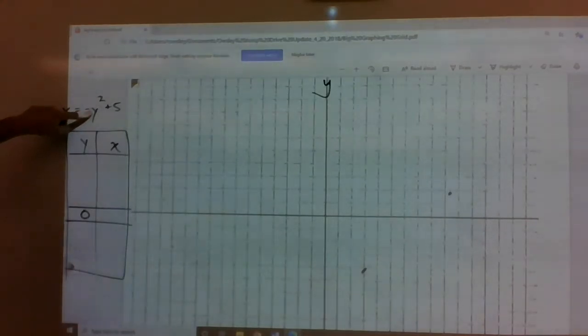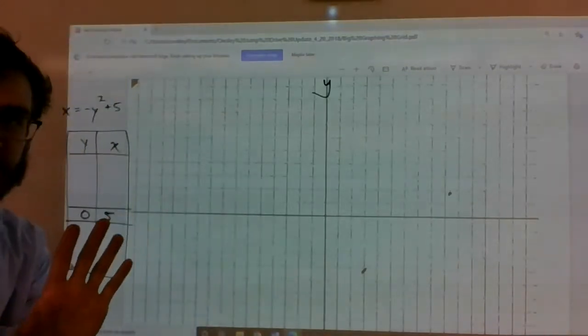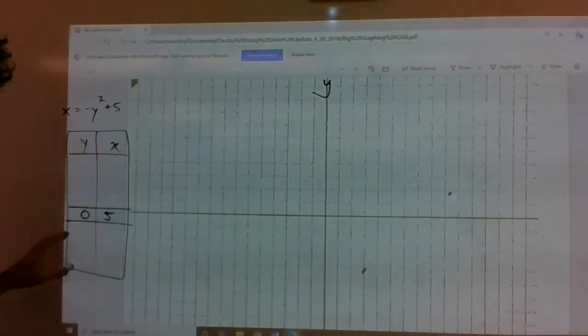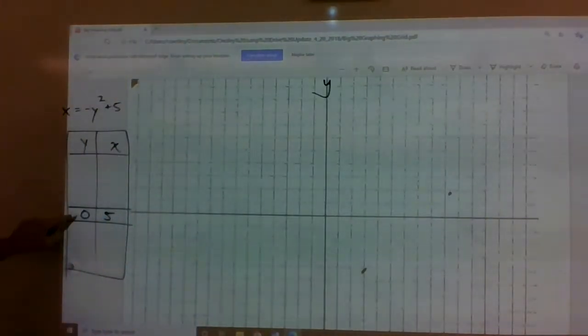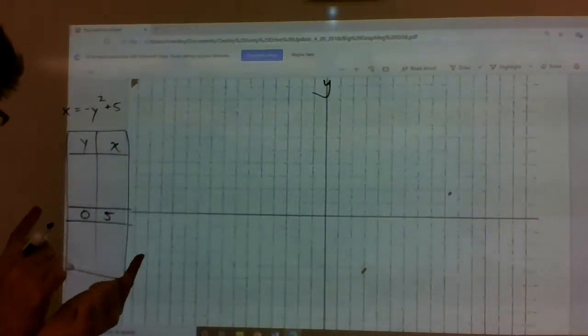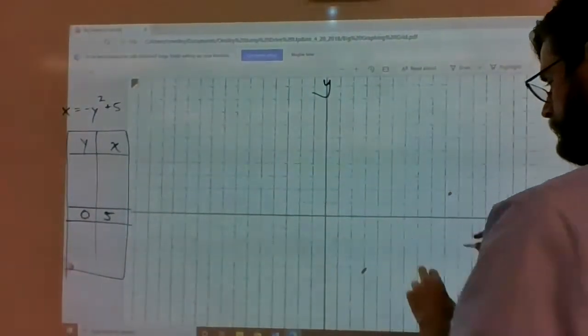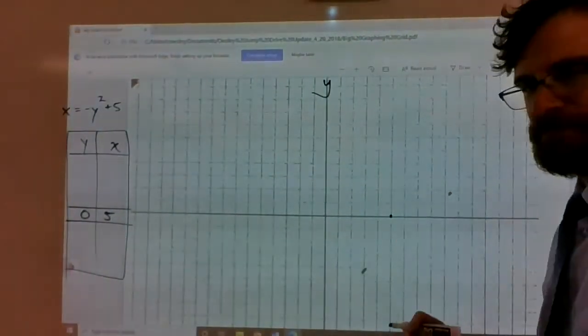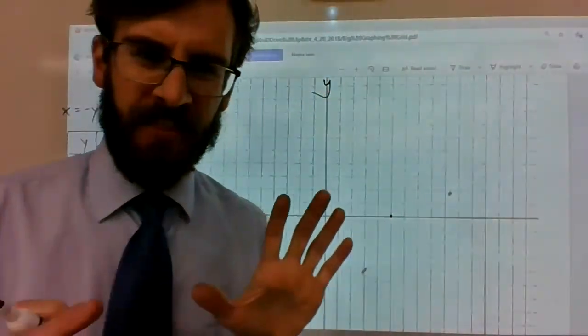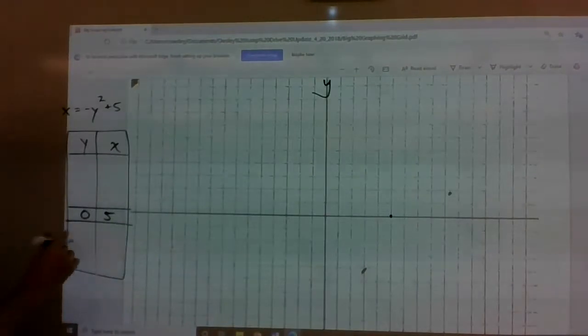Negative 0, still 0. Plus 5, 5. So here's the difference. I'm plotting y equals 0 when x equals 5. So it's technically the ordered pair (5, 0). A little bit confusing, but I think you're following me based on how I labeled my table.